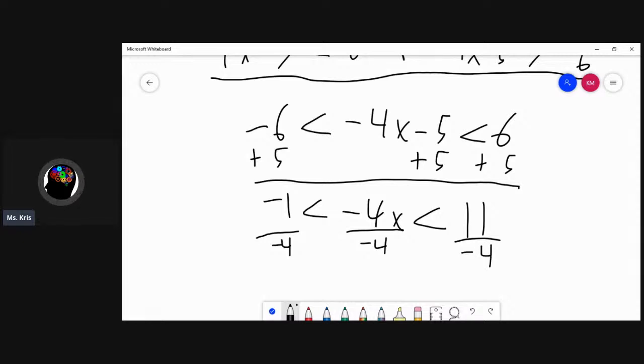Now remember, when you divide or multiply by a negative, the signs flip.